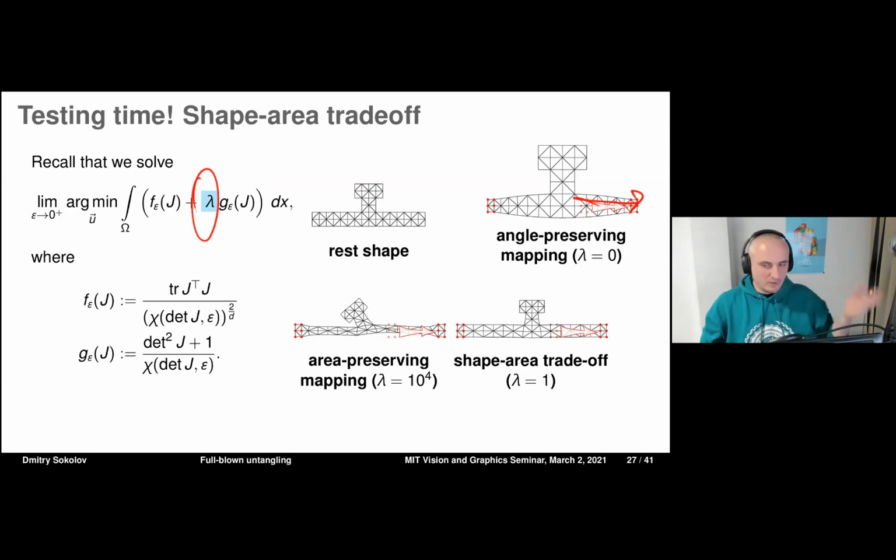If we optimize with a large value of lambda, this corresponds to an area preserving map. Note that the angles here are distorted, but the triangles keep the area constant. And finally, of course, we can ask for a shape-area trade-off. So it's up to the user to define which value of lambda to choose.